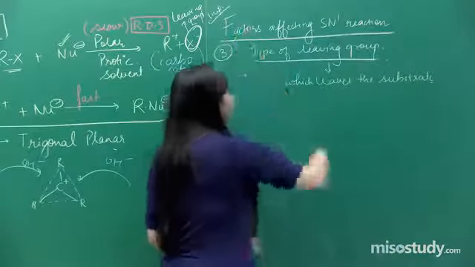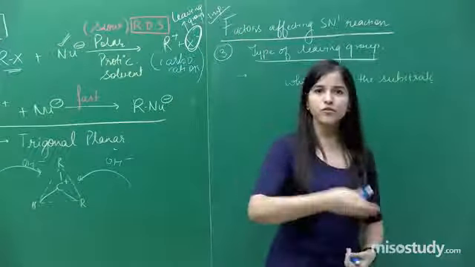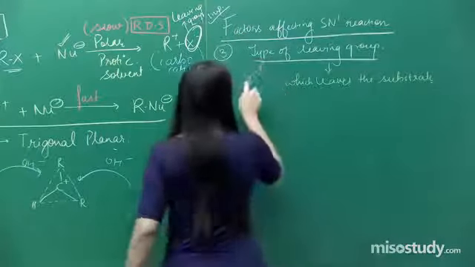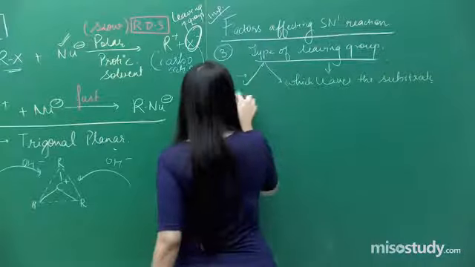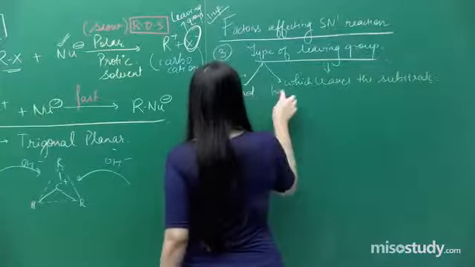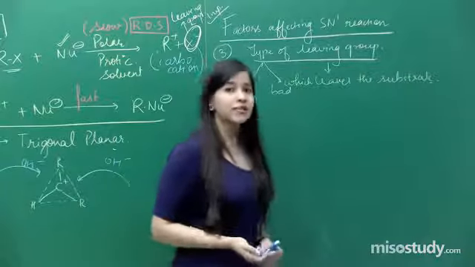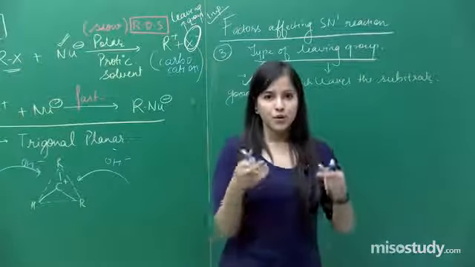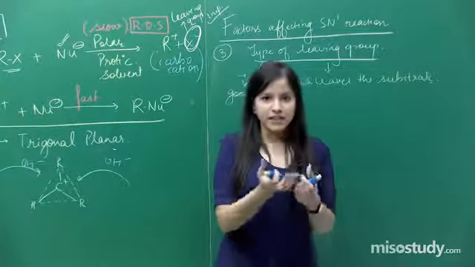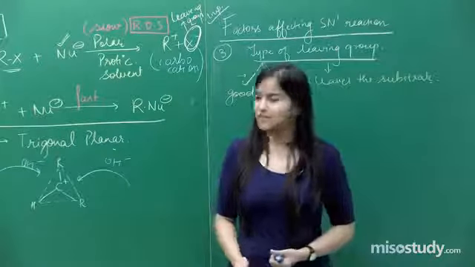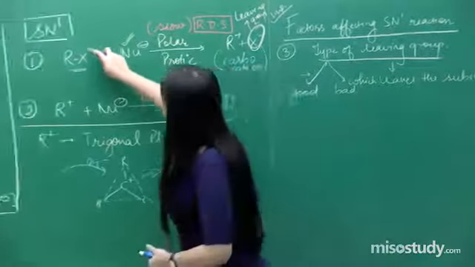The type of leaving group means it could be good or bad, right? So the two types could be good and bad. How can we judge that? A good leaving group basically has enough space within it. Can you observe something over here?